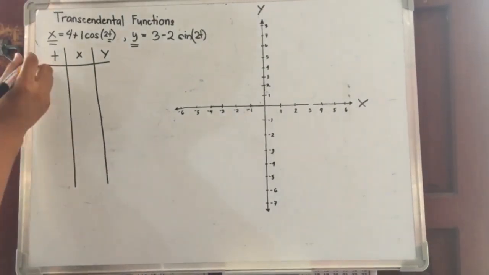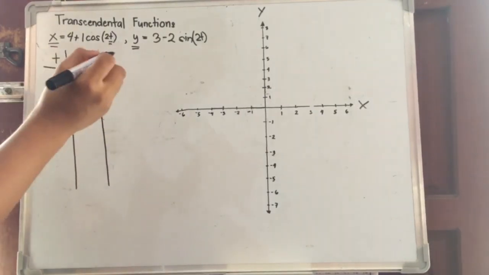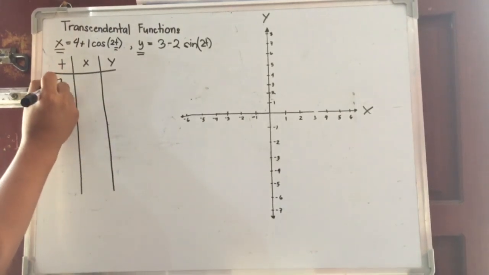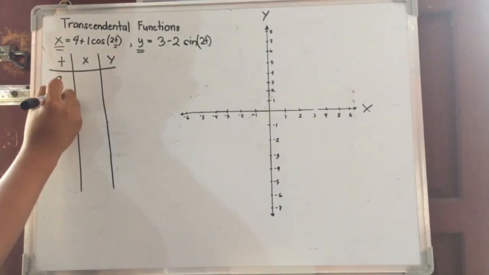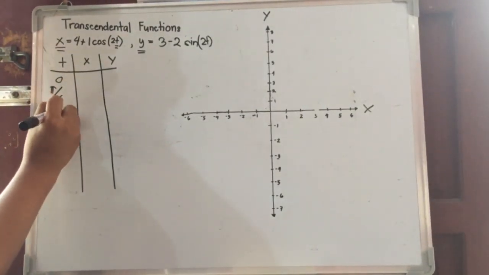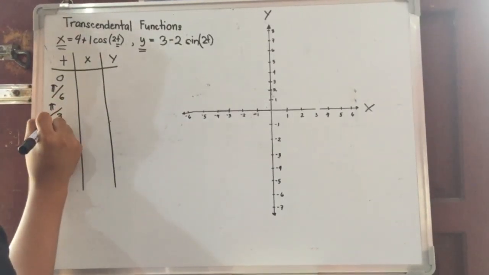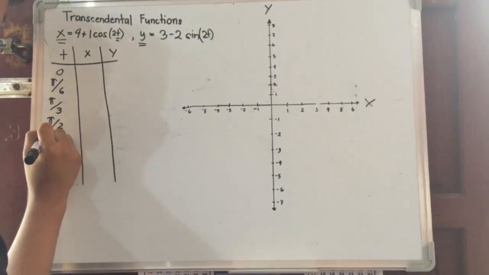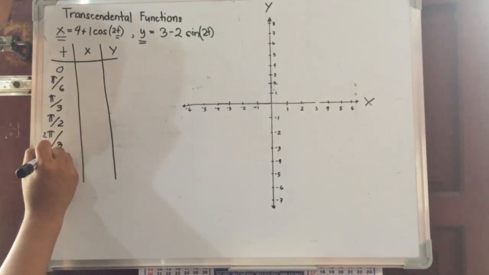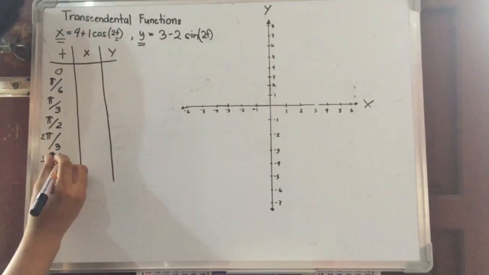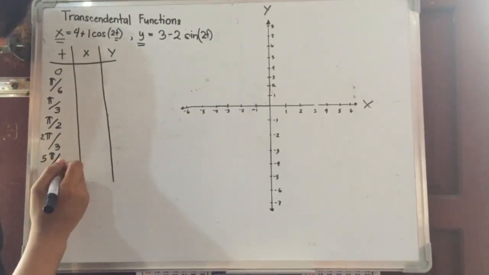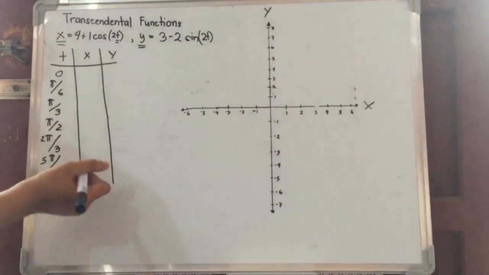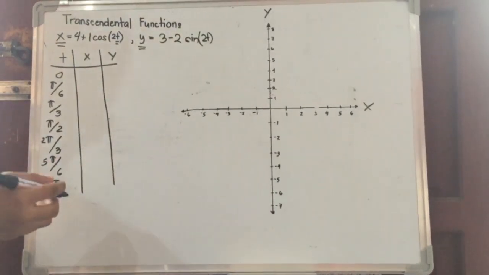In my own solving, I prefer 0, pi over 6, pi over 3, pi over 2, 2 pi over 3, 5 pi over 6, and pi itself. So that's my examples of values.